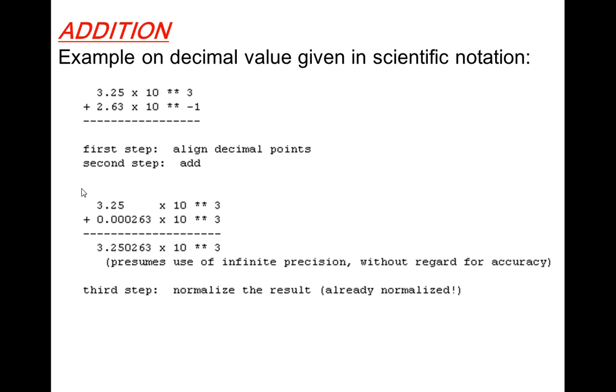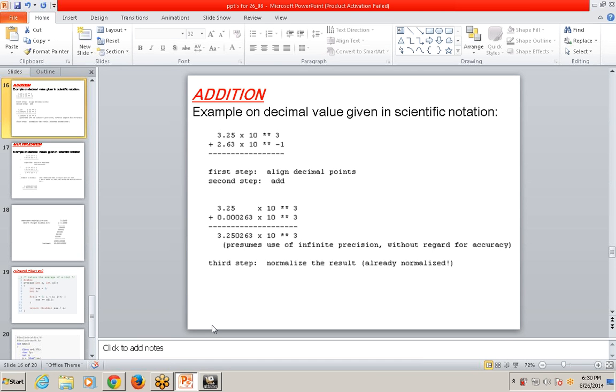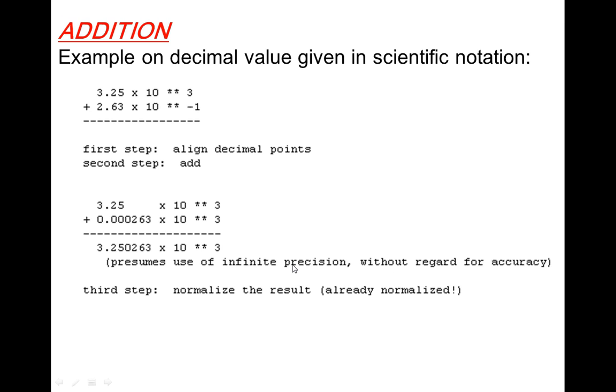This is less precision and less accuracy whenever we add numbers using floating point. Now, the third step is to normalize the result. Here it is already normalized. Normalization means fixing the errors or any discrepancy in the output.